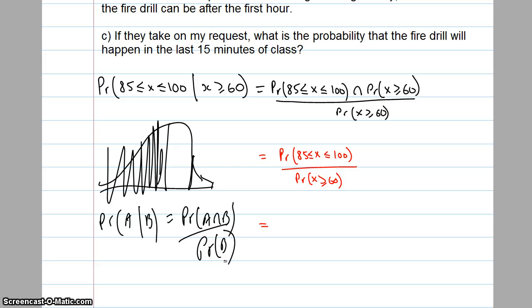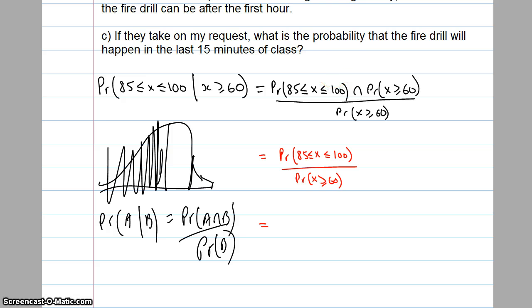You can go and watch that if you'd like to touch up on a few of those probability things. So applying this formula, the probability that x is between 85 and 100, and it's also greater than 60. The question is, I need to know when those two things happen at the same time.